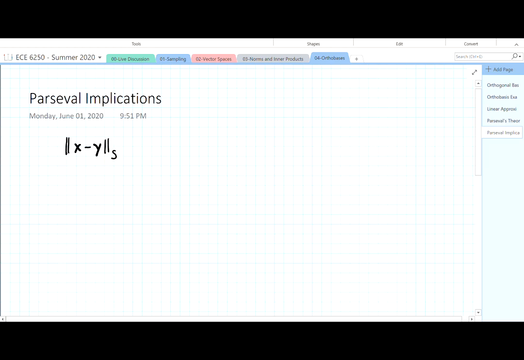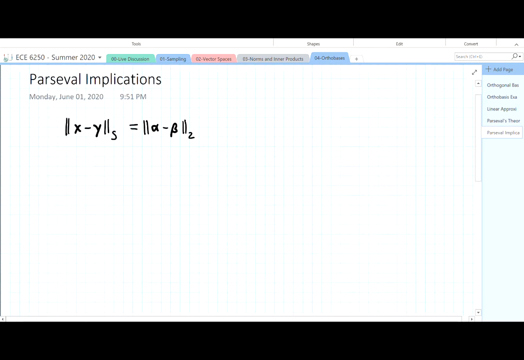If we take the norm, as by Parseval's theorem, we know that the squared norms are the same, so the norms themselves would be the same. And this is just the regular L2 norm. So why do we care?